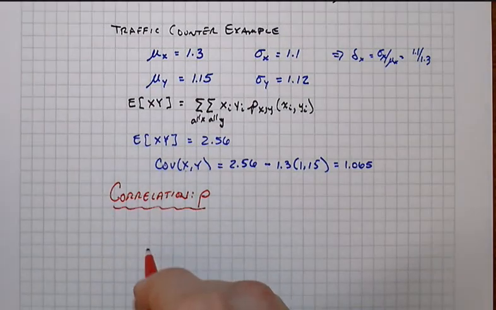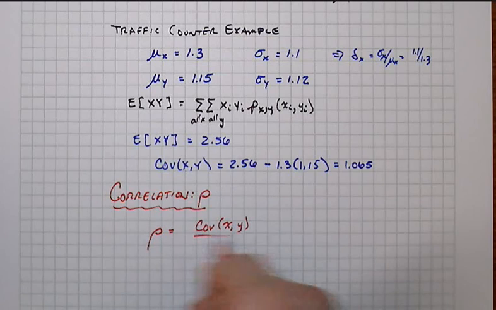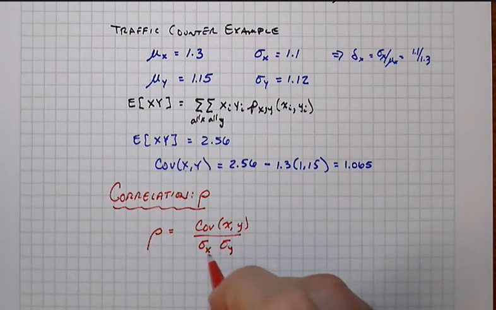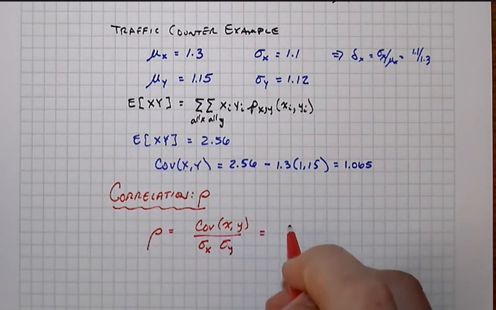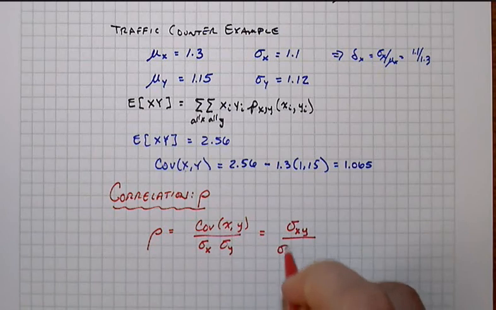And rho, by definition, is equal to the covariance between two random variables divided by the standard deviation of each. So instead of dividing by the mean of each, we're dividing by the standard deviation of each. In slightly different symbols that are a little nicer to use, sigma sub xy divided by sigma x divided by sigma y.